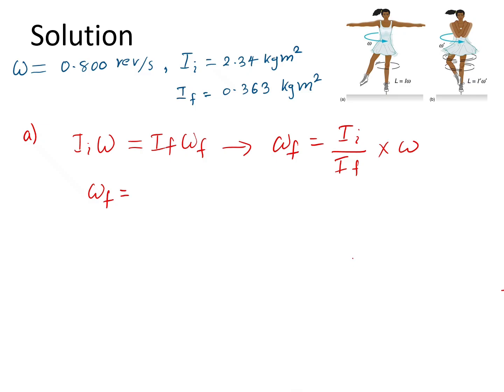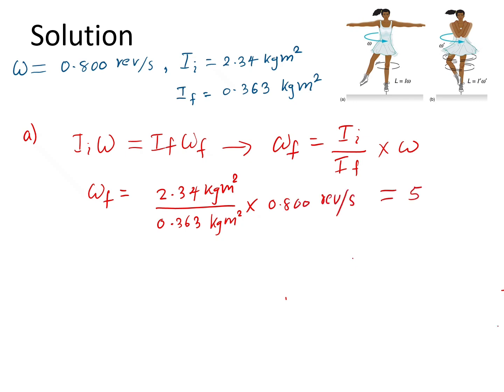Final angular velocity is 2.34 kilograms meter squared divided by 0.363 kilograms meter squared times 0.8 revolutions per second, and we get 5.16 revolutions per second.